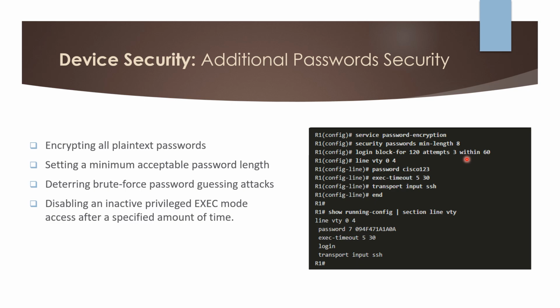Network administrators can become distracted and accidentally leave a privileged exec mode session open on a terminal, and this could enable an internal threat actor to change or erase the device configuration.